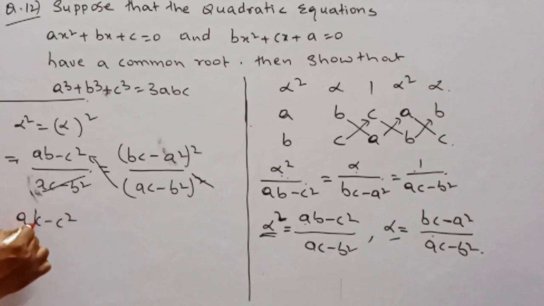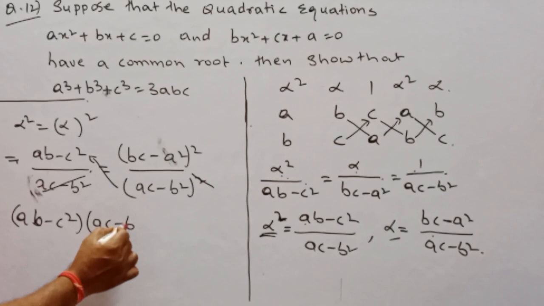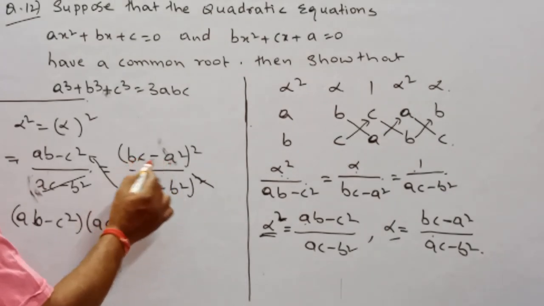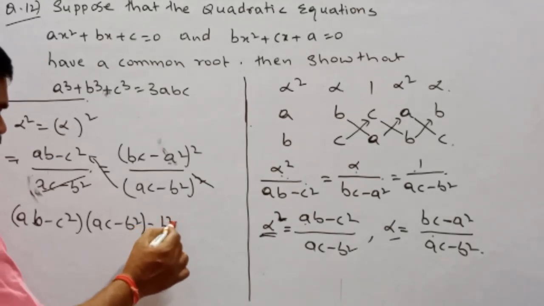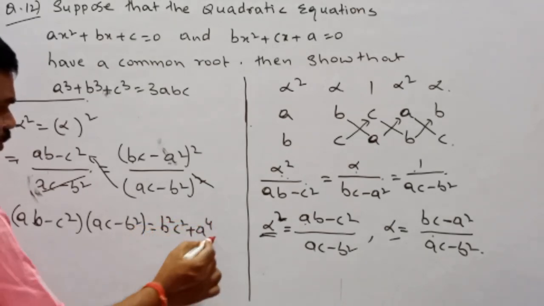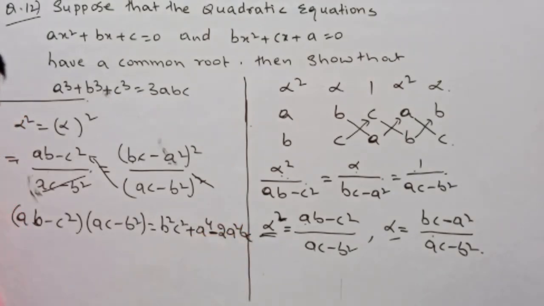ac minus b square into ab minus c square equal to, this is in the form of a minus b whole square: b square c square plus a power 4 minus 2a square bc.